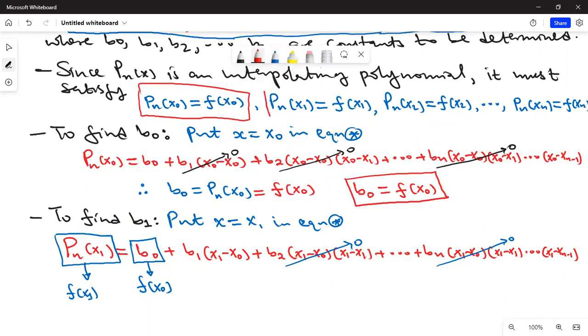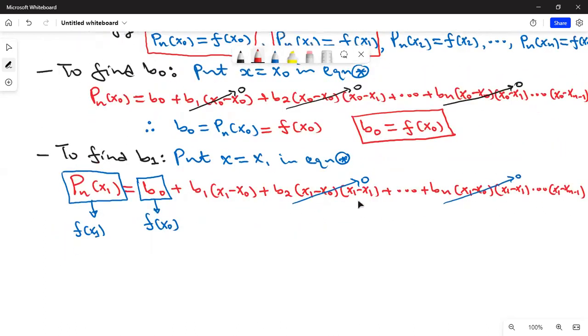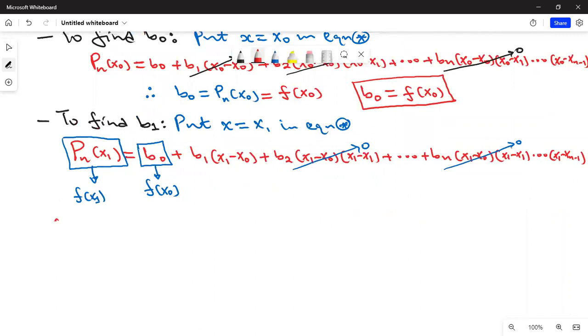Pn of x1 is equal to f of x1. So let me now make b1 the subject. Therefore, b1 times (x1 minus x naught) is the same as f of x1 minus f of x naught.